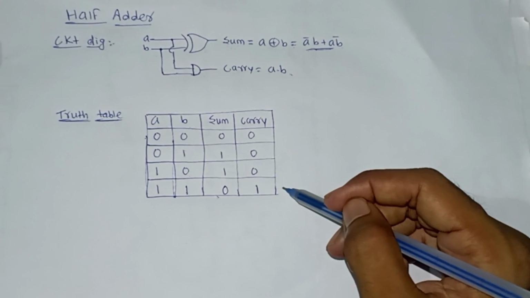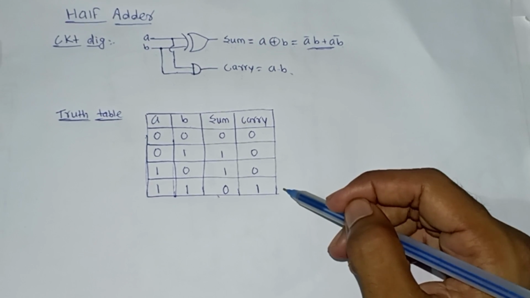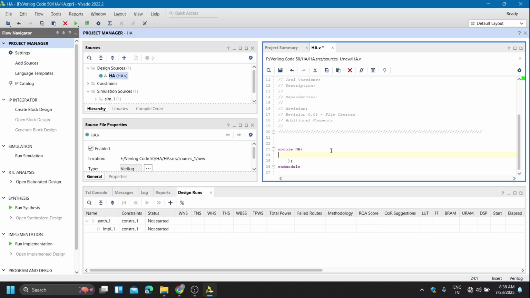Next we are writing Verilog code for this half adder. Okay, so let's write Verilog code for this half adder. Here I already declared one module for half adder. Now let's initialize the input and output ports. So these are our inputs and outputs.